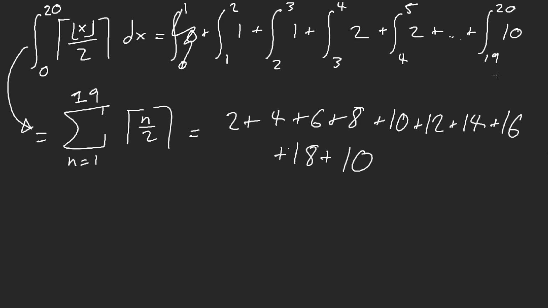Yeah, 9, because this covers 18 terms. And then my 19th term was 10. So I'm just fast forwarding, right? 1 plus 1, 2 plus 2, 3 plus 3. And then I just add this whole thing up.